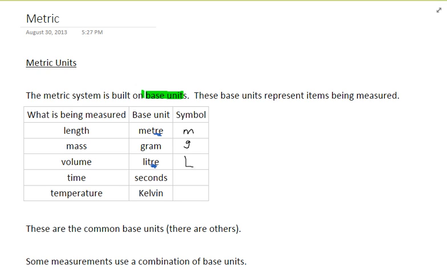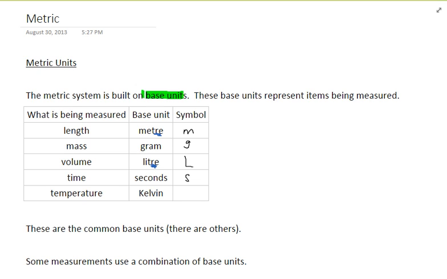Time, if I want to measure the duration of something, would be seconds. And for those that have done chemistry, or those that are doing chemistry, you'll know that quite often when you're doing calculations involving reactions, temperature is really, really important. But we don't use Fahrenheit, we don't use Celsius, we use what's known as the Kelvin scale.